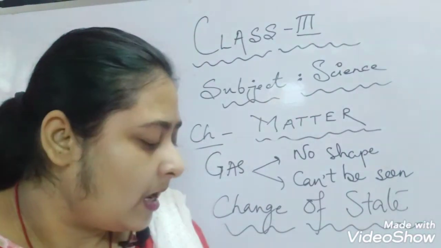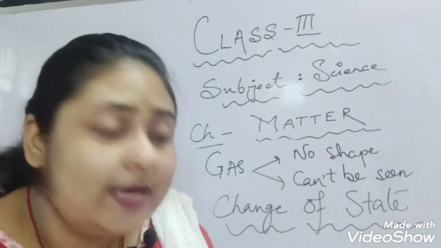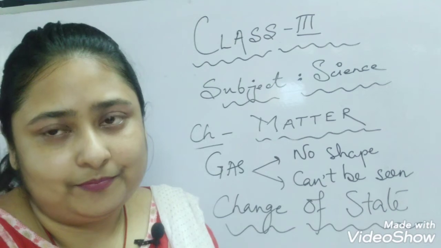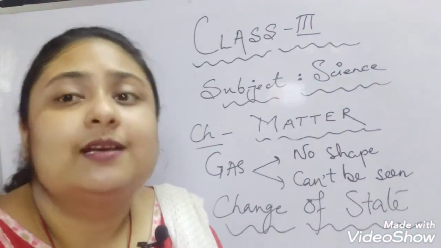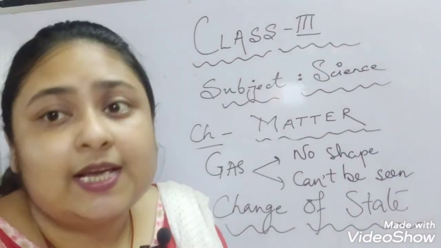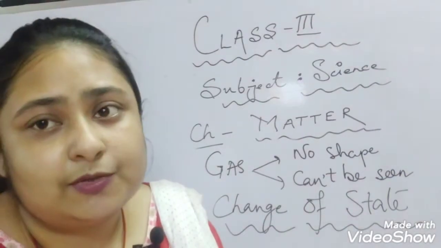Okay, the process of change of a solid into liquid is called melting. So children, what do you mean by melting? When ice is getting converted into water again, that is, liquid.